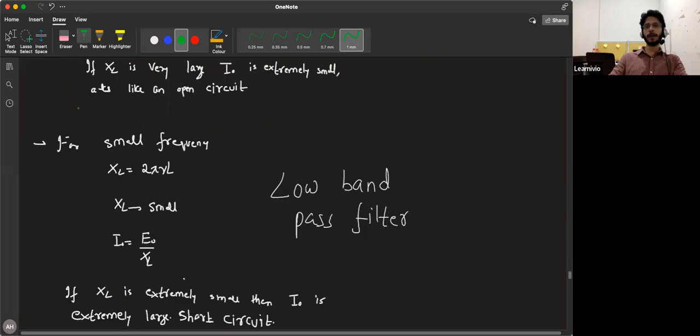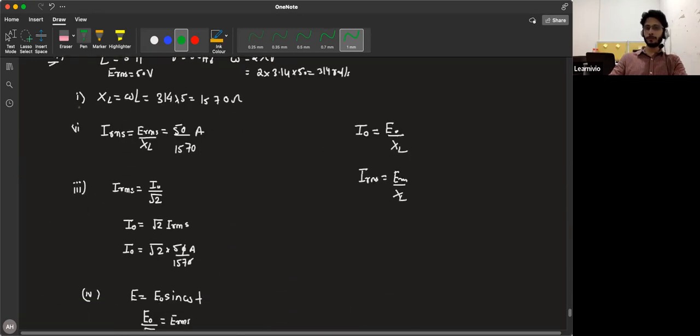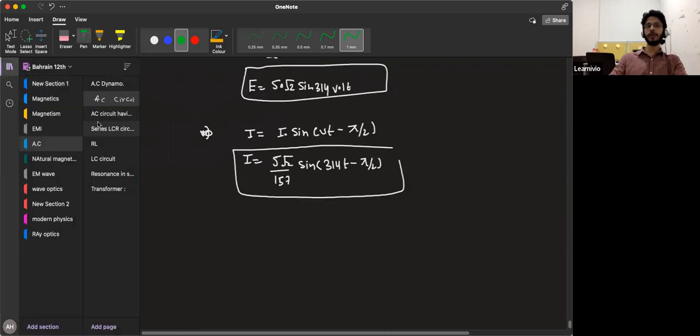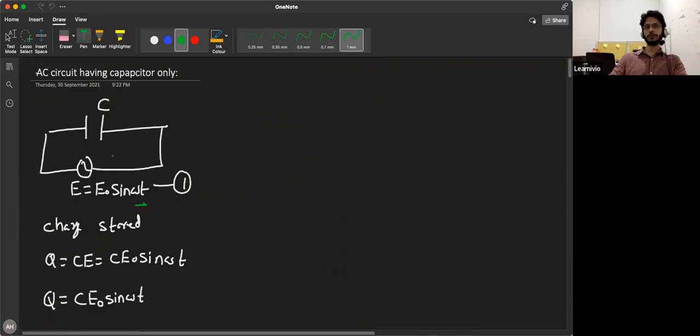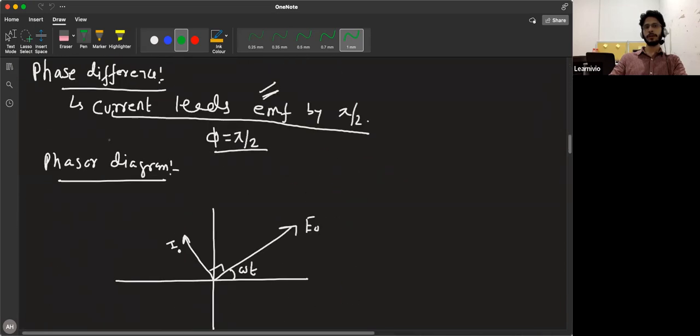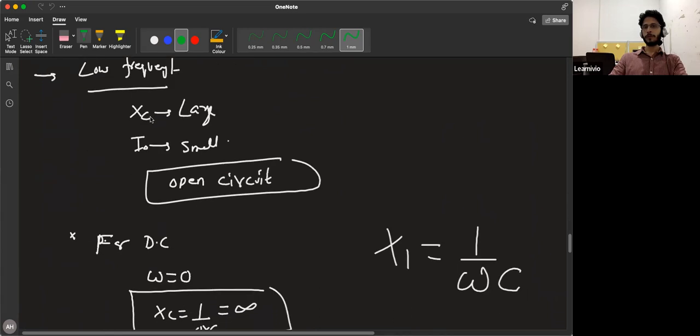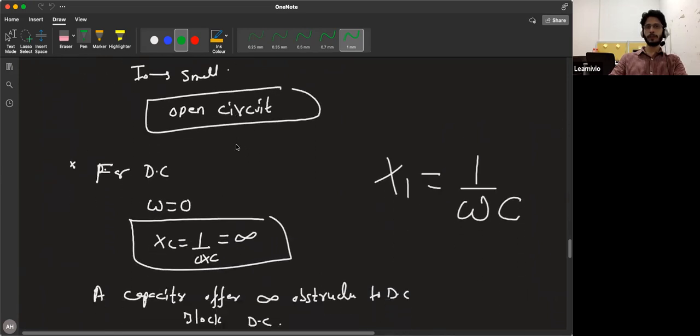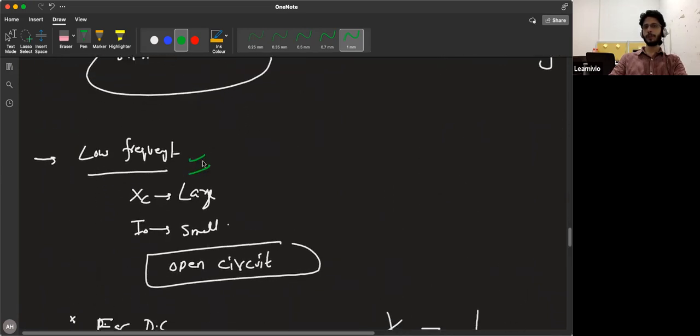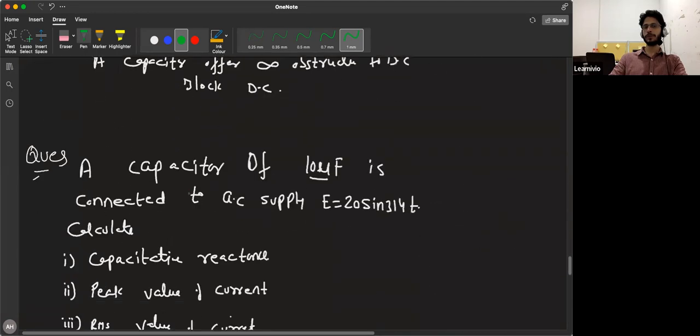And when we did capacitor, current leads EMF by a phase difference of pi by 2. So we have finished everything, including the low frequency behavior of capacitor, at low frequency, DC.